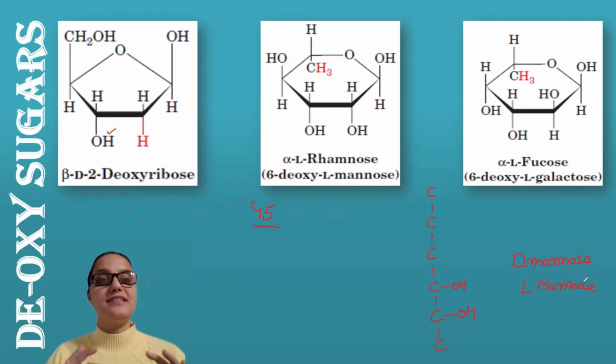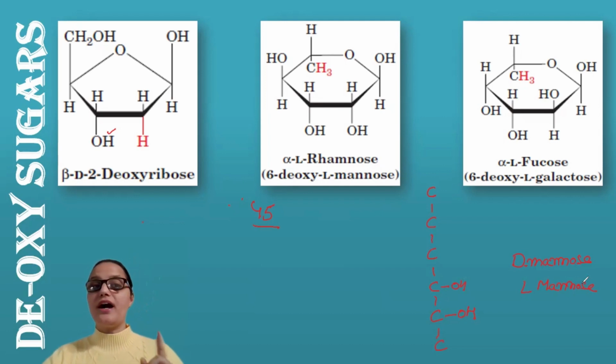The same code for the D form tells us the carbon positions on which the hydroxyl group is present on the right hand side of the carbon skeleton, but in the L form, the same code tells us the positions on which the hydroxyl groups are present on the left hand side of the skeleton.